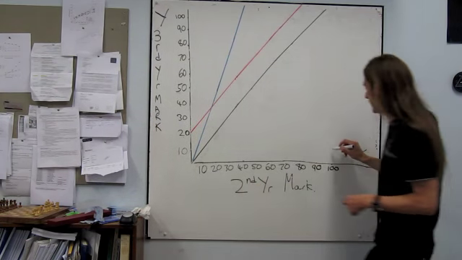Okay, so these three lines here are showing us three possible relationships between the second year mark and your third year mark. If we look at this third function, this is describing a one-to-one relationship between your second year mark and your third year mark.